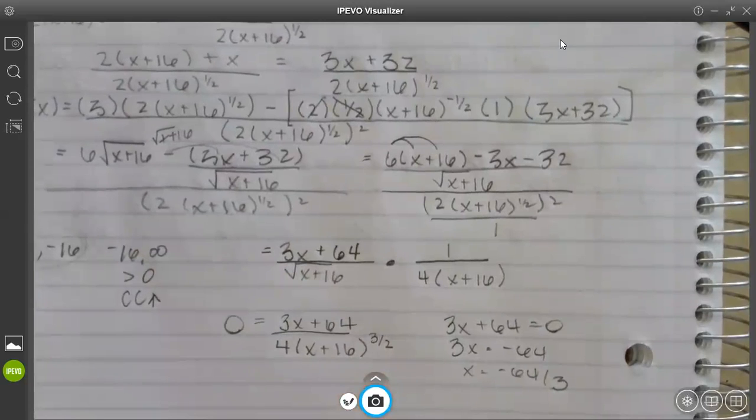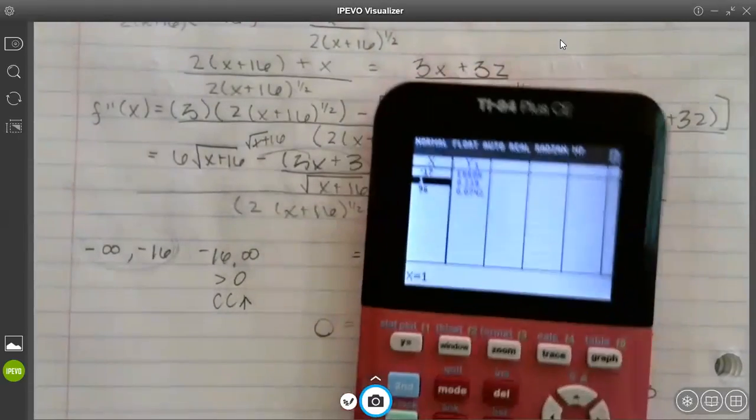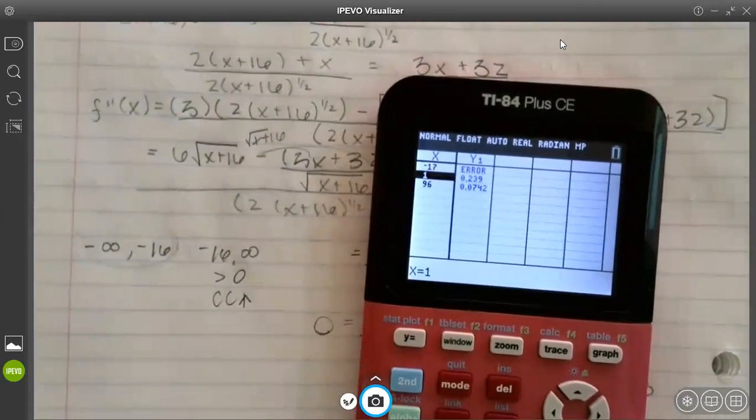What's going to happen there? Let's see. I'm gonna put my second derivative in, just so you guys can see it. 3x plus 64 over 4 times x plus 16 to the 3/2. Look what happened when I put in a value less than -16. Because it's not in the domain.